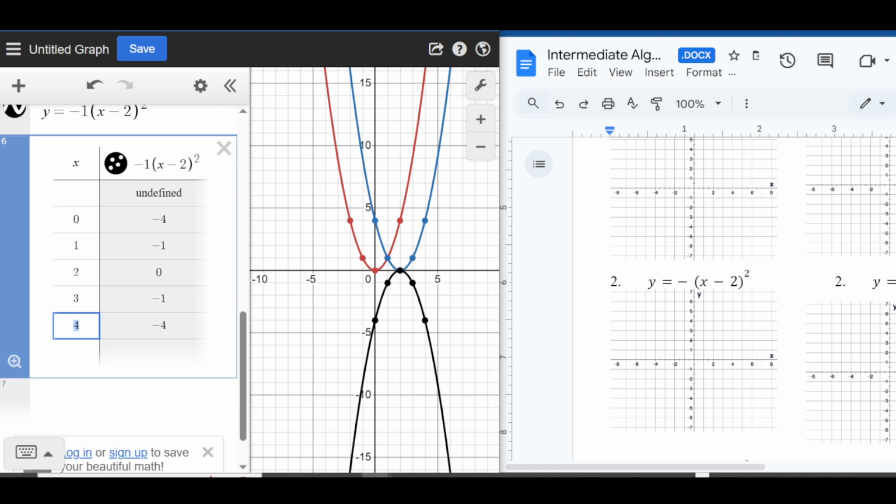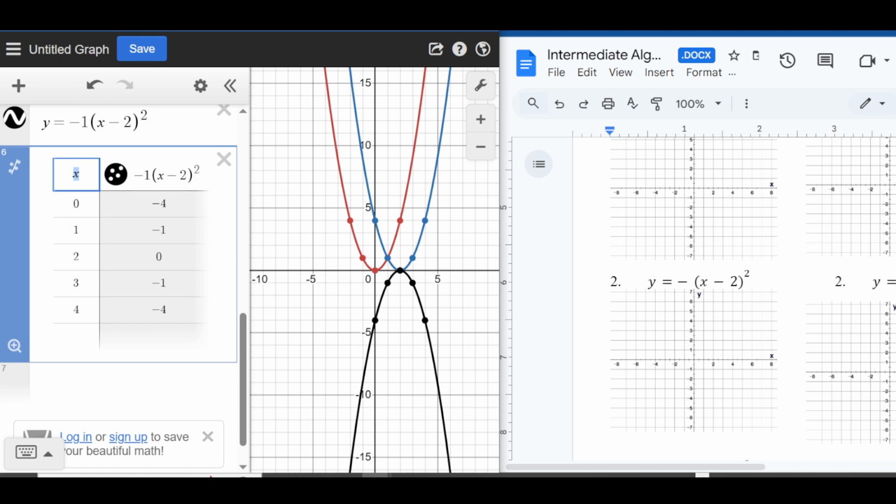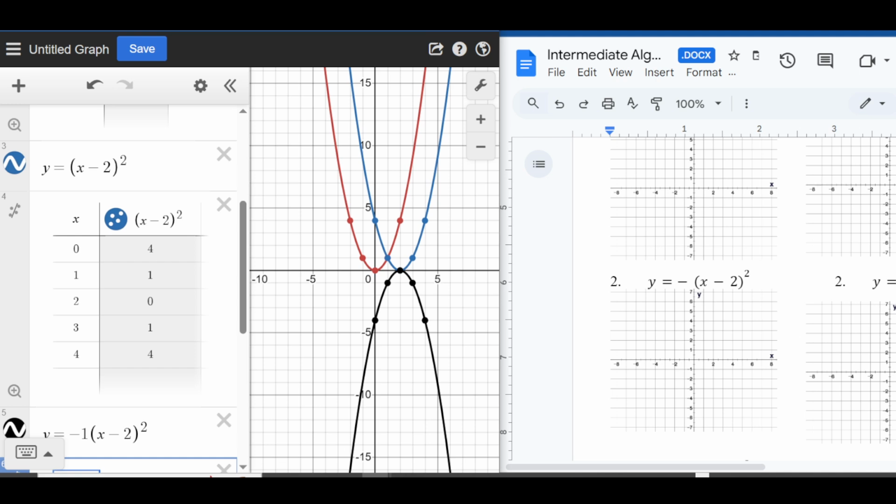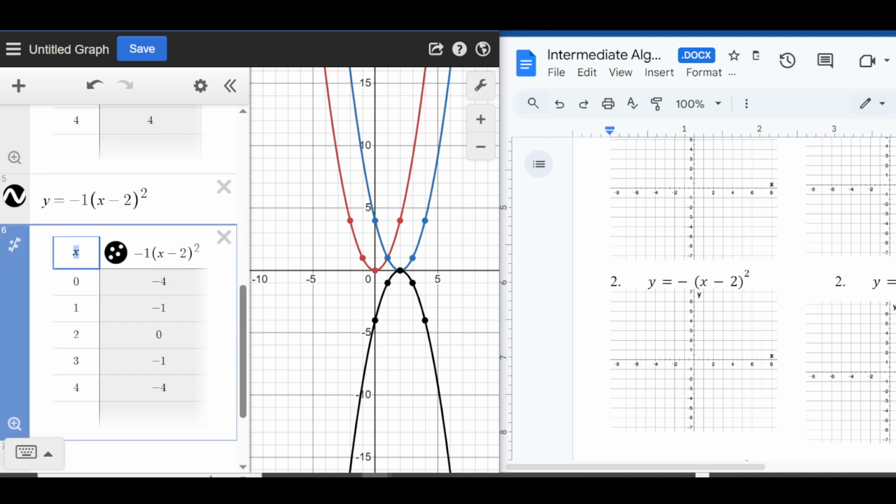This is good. And let's get rid of that undefined there. Okay, good. So you put in 0, 1, 2, 3, 4, and these are the outputs that you get. These are negative numbers. And that's because the answers are all being multiplied by -1. So instead of getting your 4, 1, 0, 1, 4, you're getting a -4, -1, 0, -1, -4 by putting the negative on the outside. So that's a negative A parameter together with a negative B parameter.